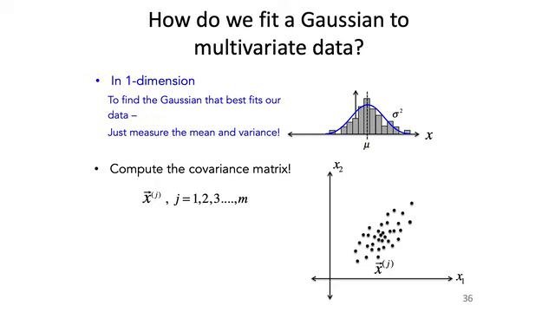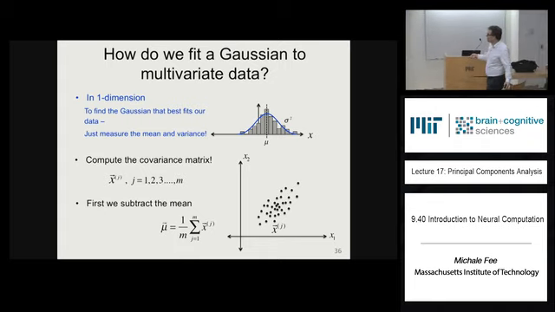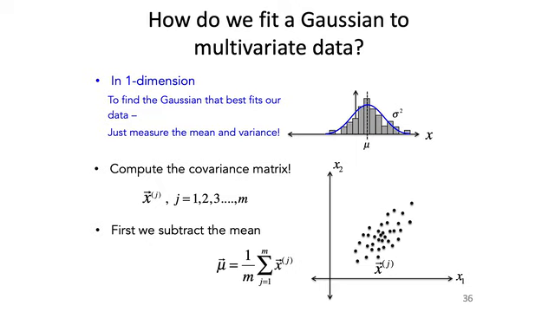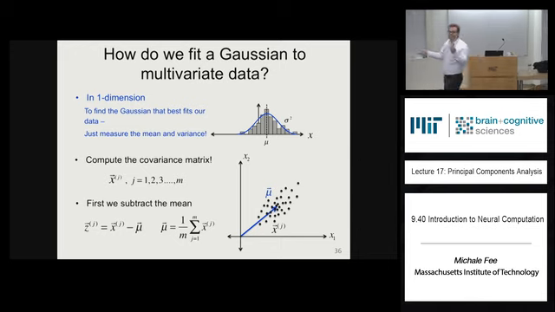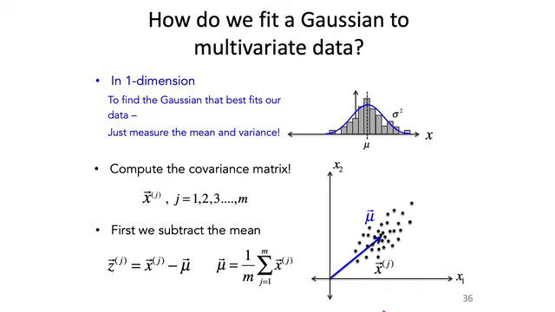Instead of being scalars, they're vectors. First thing we do is subtract the mean. So we calculate the mean by summing all of those observation vectors and dividing by m. So there we find the mean. We compute a new data set with the mean subtracted. So from every one of these observations, we subtract the mean. And we're going to call that z.